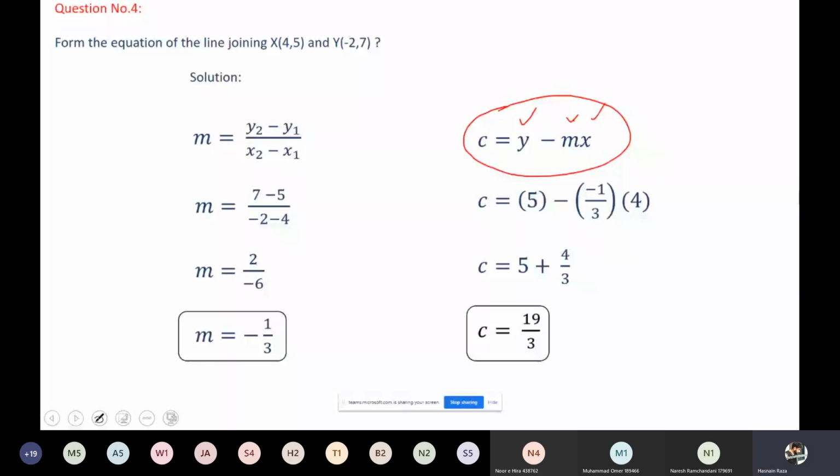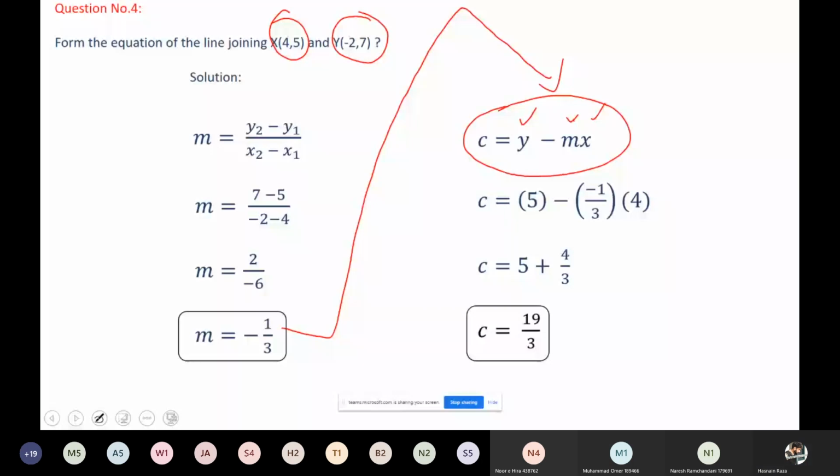The answer of step number 1. What about y and x? We can use either of the points. I have used (4, 5) because they both are positive. There isn't any negative sign. That's why it's none of the issue which of the points we use. The answer would be the same.